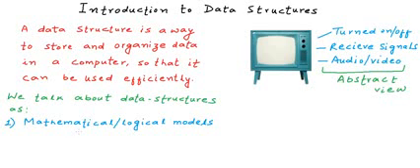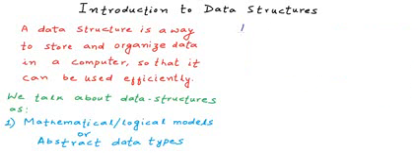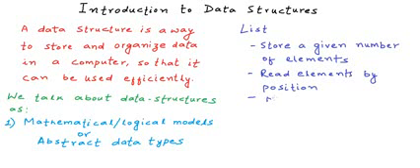So when we study data structures as mathematical or logical models, we just define their abstract view, or in other words, we define them as abstract data types. An example of abstract data type can be, I want to define something called a list that should be able to store a group of elements of a particular data type, and we should be able to read the elements by their position in the list, and we should be also able to modify element at a particular position in the list.